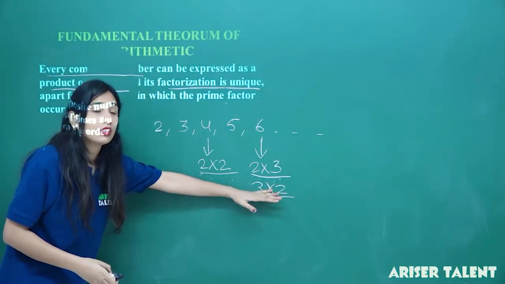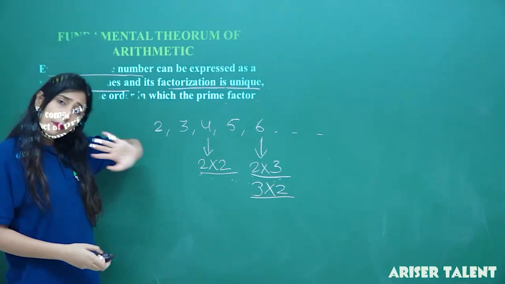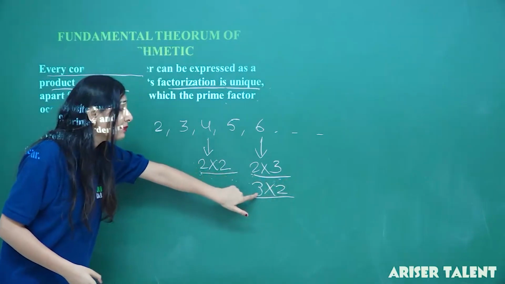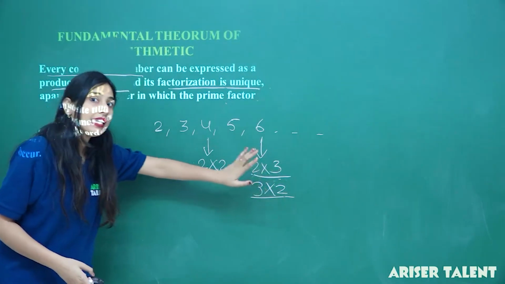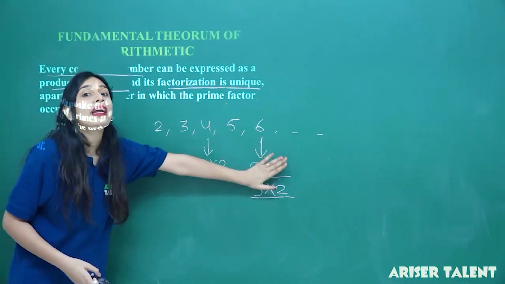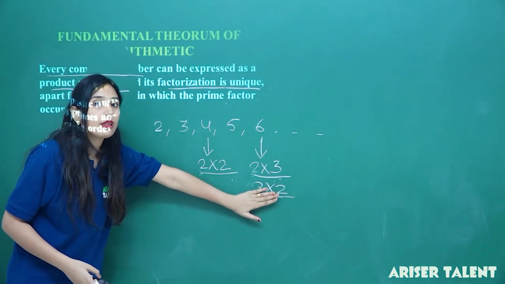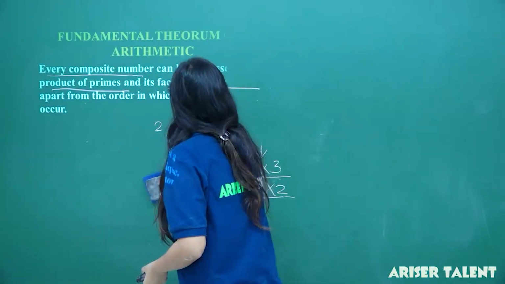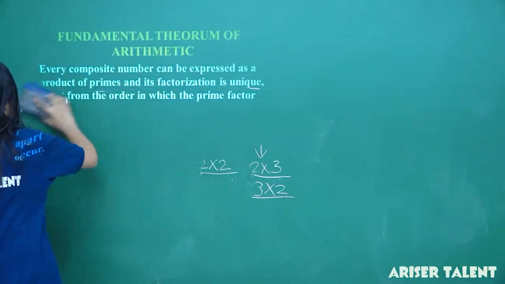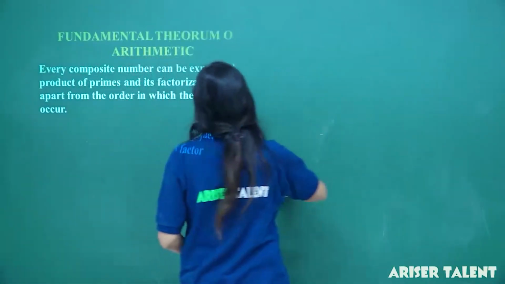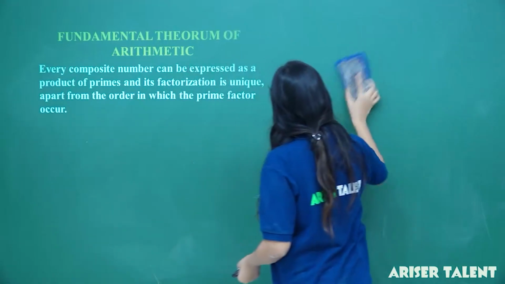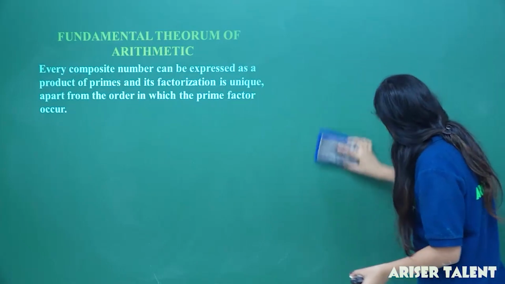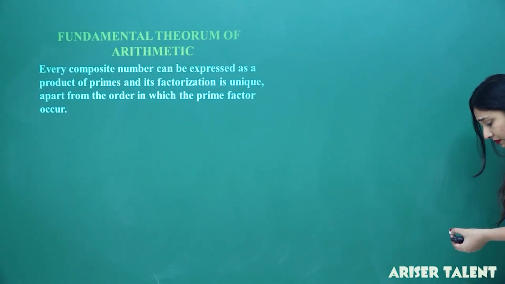Order can be reversed. It's saying apart from the order in which it occurs. So it can be 2 by 3 or it can be 3 by 2. But there is always a unique prime factorization of every composite number, right? So this is our fundamental theorem of arithmetic, and we are going to use it in the further section.